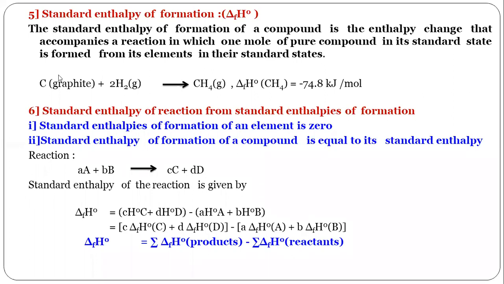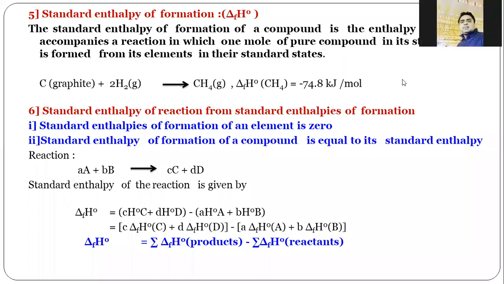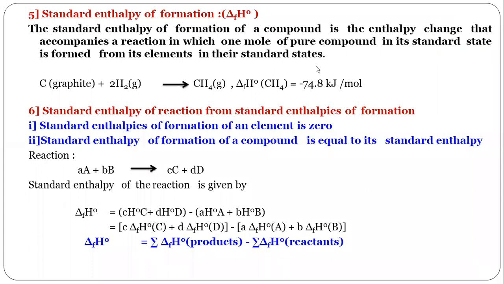Means these are the carbon graphite and 2 molecules of hydrogen. These are the elements, they react and the compound is formed. It is called as standard enthalpy of formation, which is minus 74.8 kilojoule per mole. This is the enthalpy change. Minus means this amount of heat is released here.